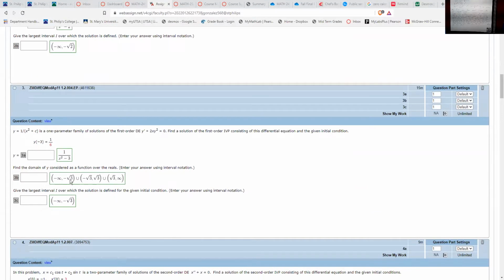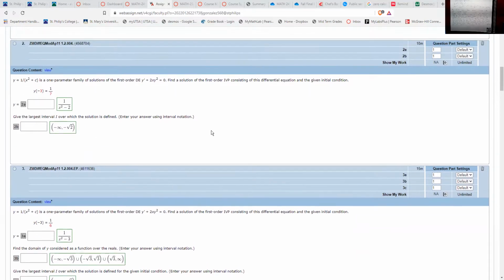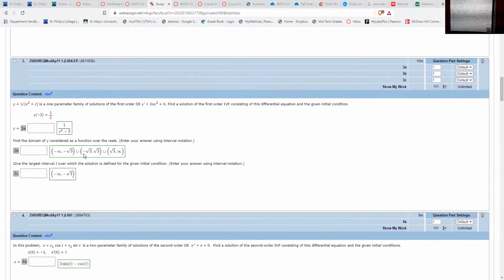So what I was saying earlier, right here, I thought I was asking for the domain of y on this part on 3C. But 3B is asking for that. So over here, they don't ask for the domain of y. They just ask for the large interval where the solution is defined, solution of the IVP. So right here, we have multiple intervals.